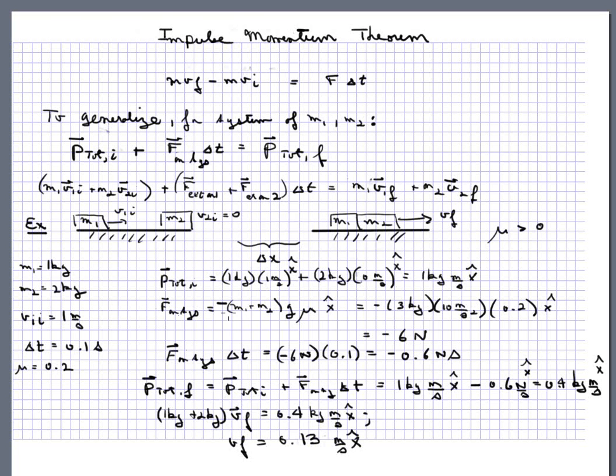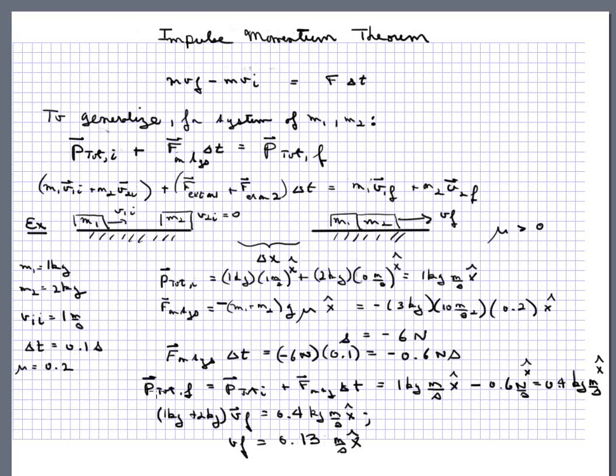And it's going to be the normal force, which in this case is just m1 plus m2 times g times mu. And that turns out to be negative 6 newtons. And the impulse then is the force on the system times delta t, which is negative 6 newtons times 0.1 seconds, minus 0.6 newton seconds.